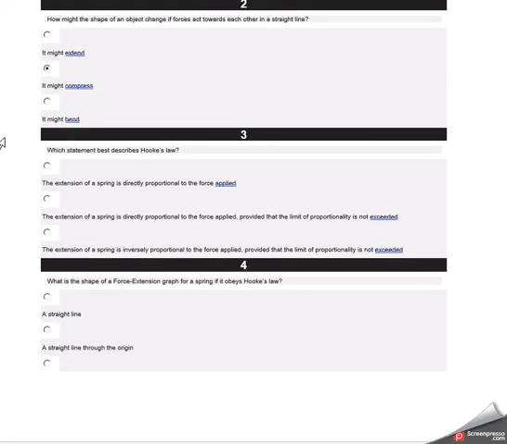Okay, and now, which statement best describes Hooke's law? Hooke's law says basically the force is proportional to the extension, which means stretches, and the restoring force is in the opposite direction of the extension, and therefore there is a minus sign.